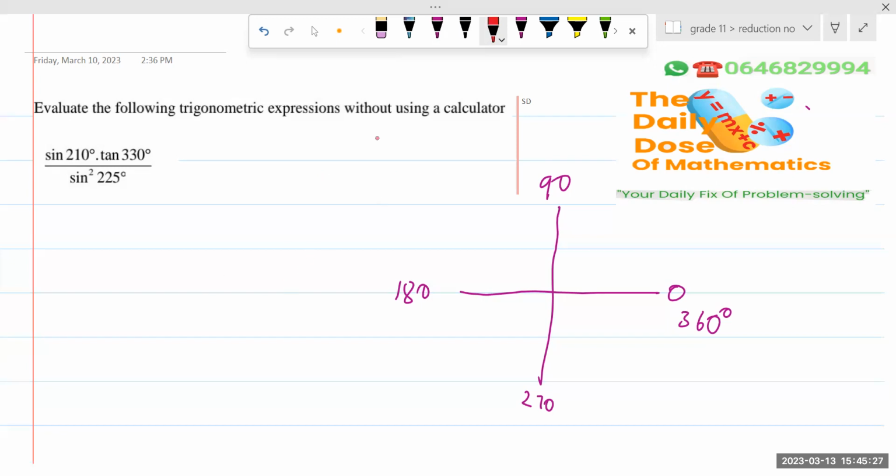Now, if we have 30, we have 60, and then we also have 45. These guys here can reduce, and they are also acute angles. They are special. They can reduce, but they are special.